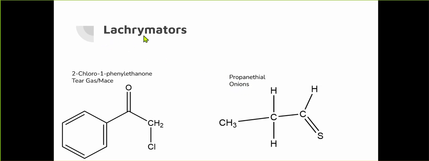I forgot to say that. So propane thiol. You see that this is a thiol because it's a double bond S, not double bond O. And it's 3 carbons, so it's propane thiol. This is the active ingredient in onions that causes you to tear up when you're cutting the onions.